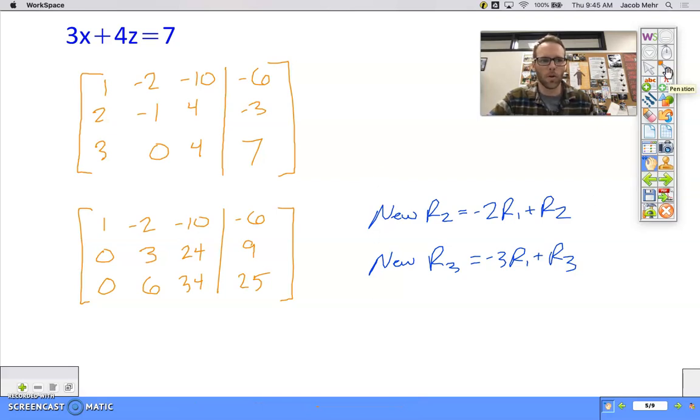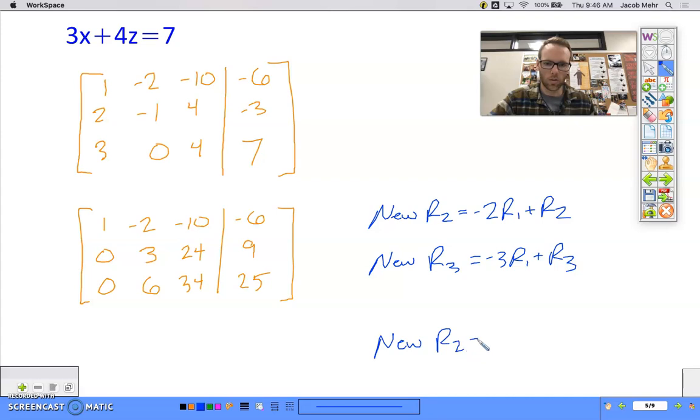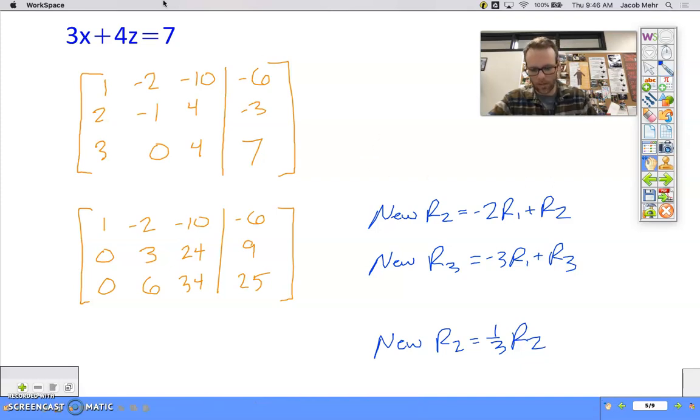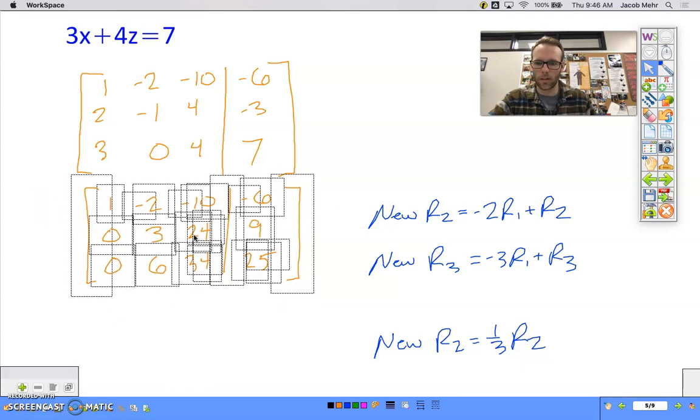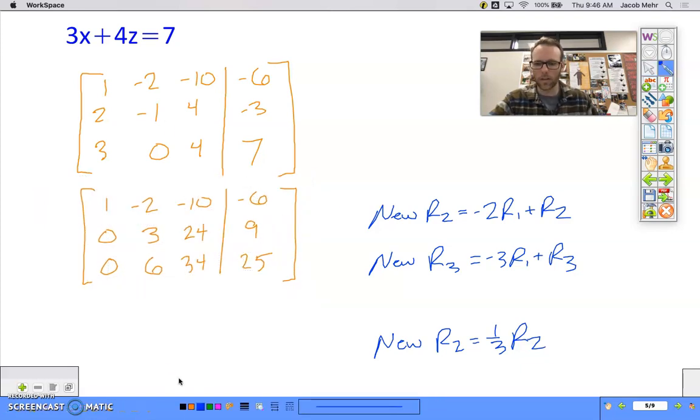All right, so we've got the 1 and the zeros. Now the next spot we're going to go to is on this diagonal, and we're going to make that a 1. We can make that a 1 by dividing everything here by 3, or multiplying by 1/3. So our new row 2 is just going to be 1/3 of the old row 2. Let's see if I can slide this up a little bit to make this work.